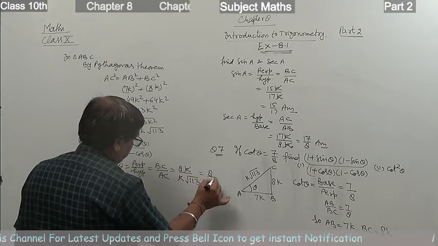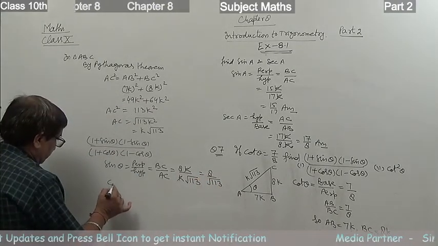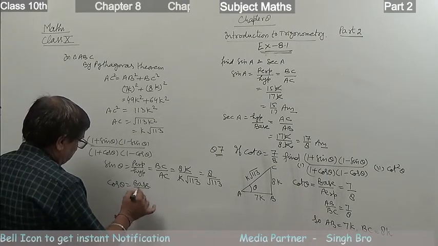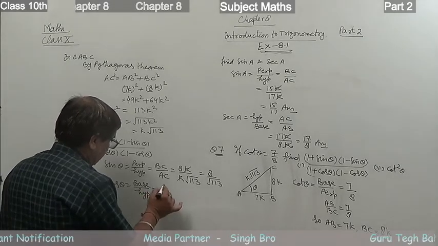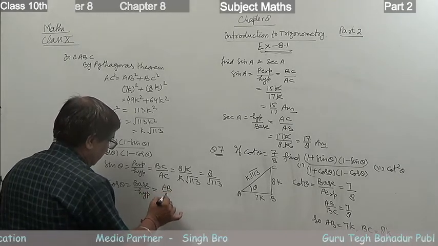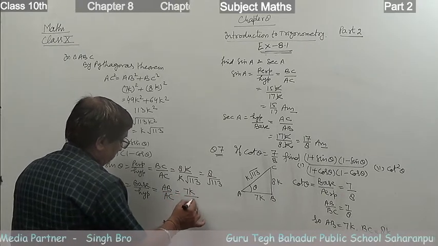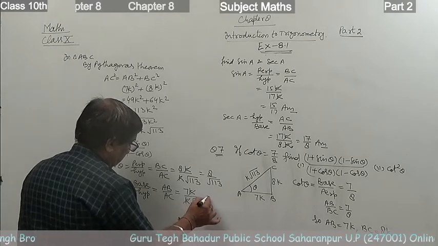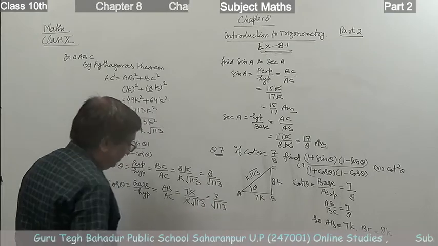This is 8 upon root 113. Cos theta, base upon hypotenuse, AB upon AC. AB is 7k, AC is k root 113, 7 upon root 113.